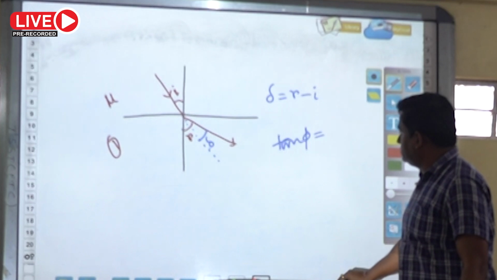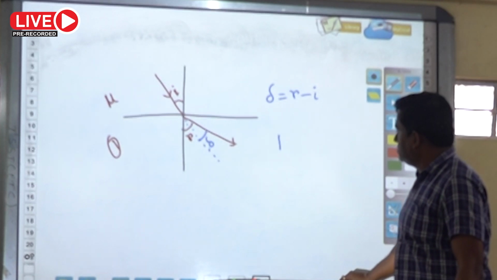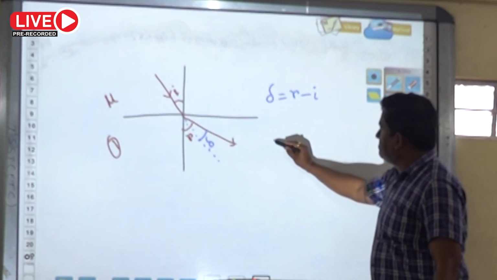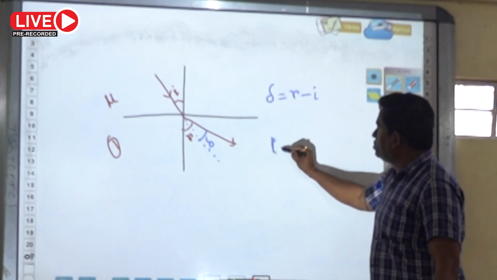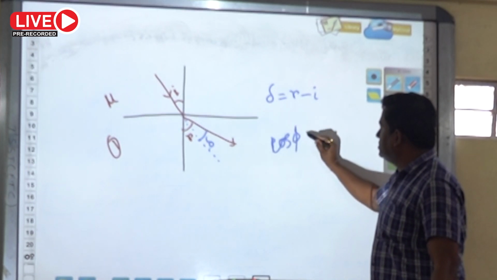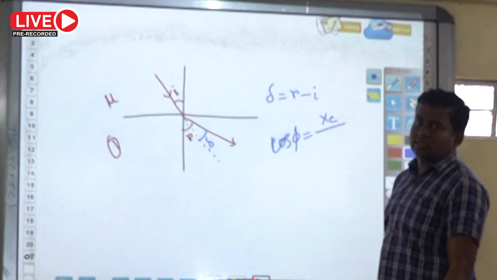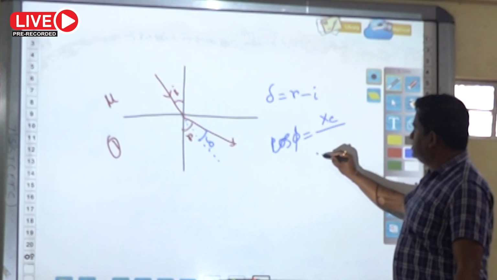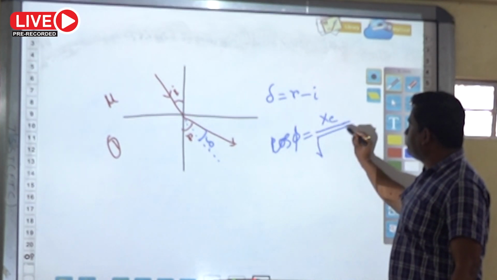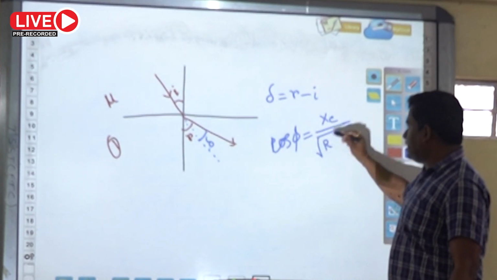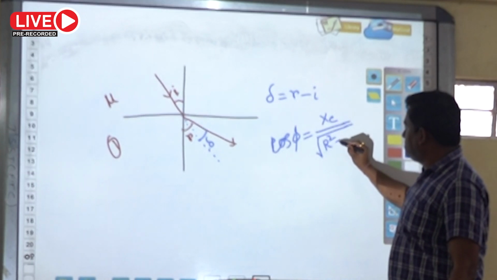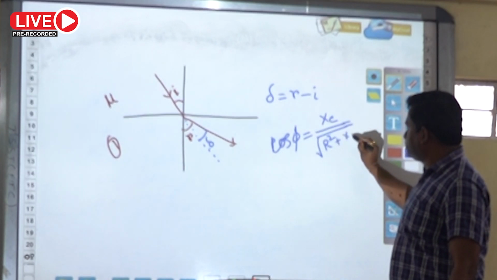Cos phi I can calculate. That will be equal to XC divided by Z. Z is root over of R square plus XC square. Or tan phi is also possible.